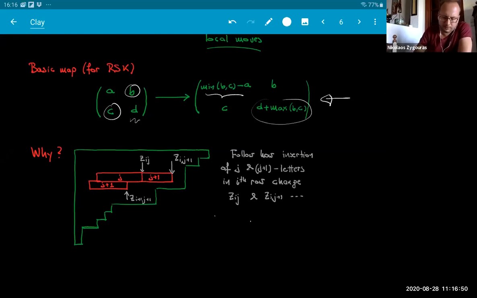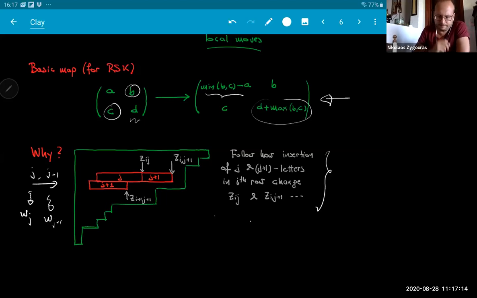So let's try to do this by simulating some insertion. Let's suppose that we have a Young tableau, and then I'm going to insert some j's and some j plus 1s. Let's say I'm going to insert W_jj's and then W_(j+1),(j+1)'s. So how does this work?